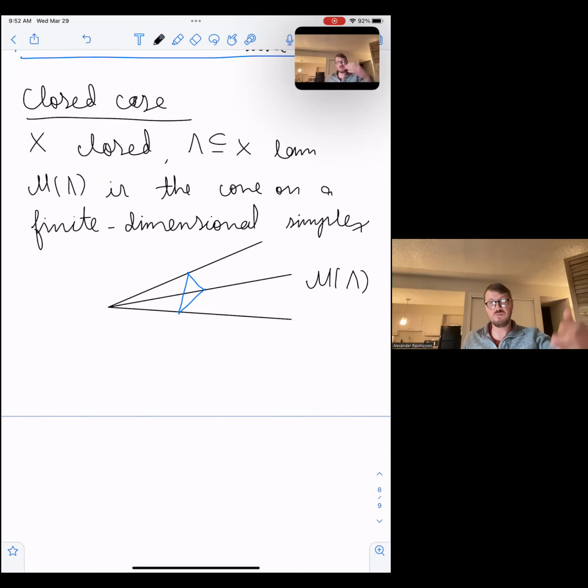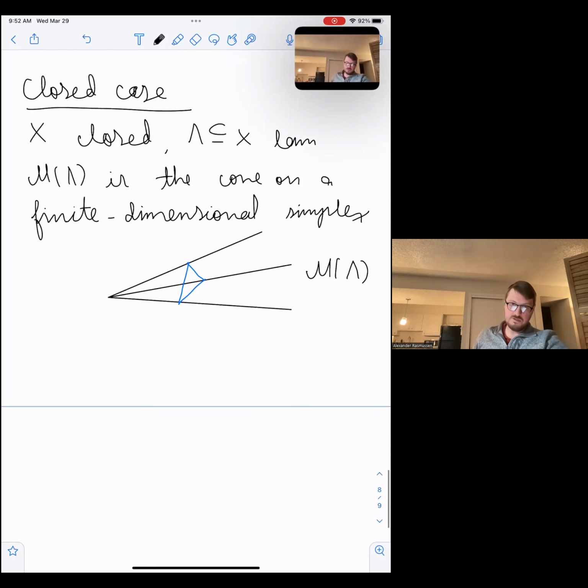Of course, the dimension can be higher than this, but it's going to be finite. Another way to think of this cone is just as the positive or non-negative orthant inside of R^n for some value of n. So very simple structure. But we can also say a lot more about geodesic laminations on finite type surfaces.